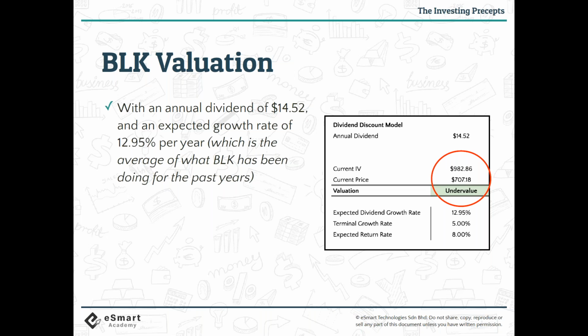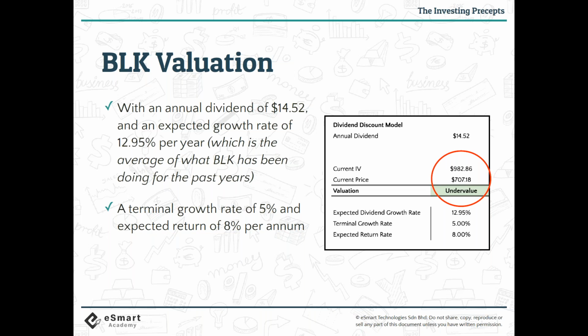There is a little bit of estimation, but you can base it on historical data of what the company has been doing. That gives me a valuation of $980. In this model, there are some metrics you need to put in yourself, for example the terminal growth rate.